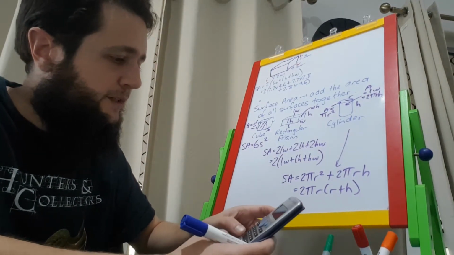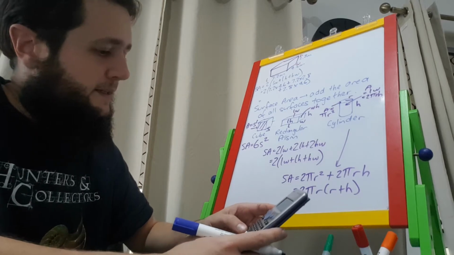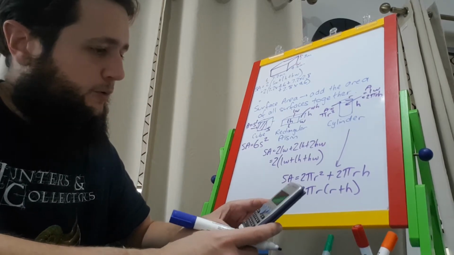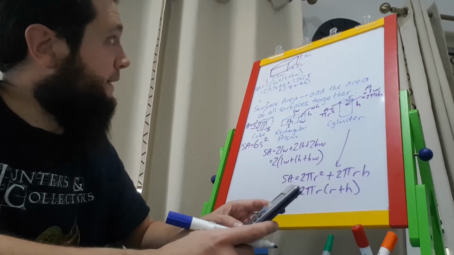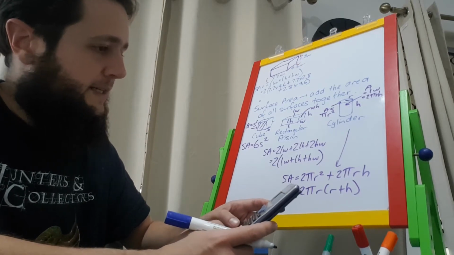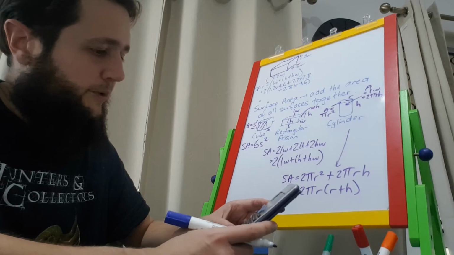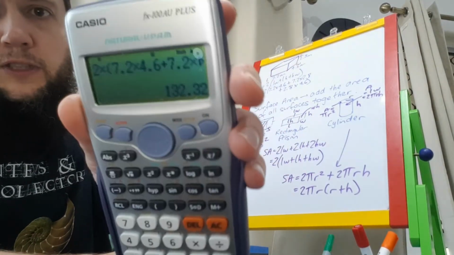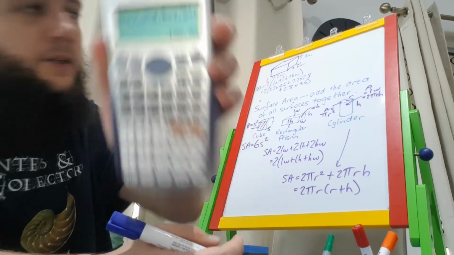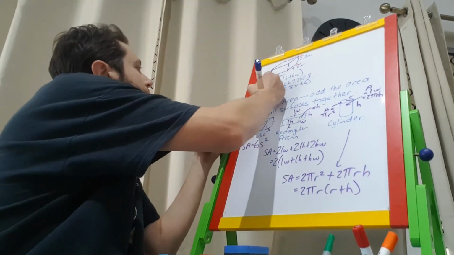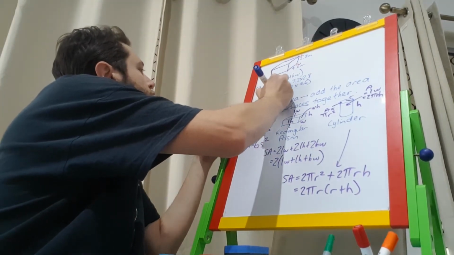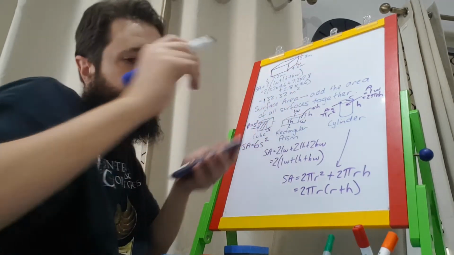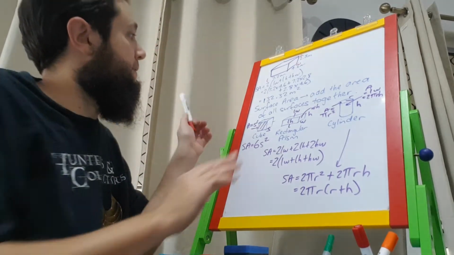I'm perfectly fine if you put it in at this stage: 7.2 times 4.6 plus 7.2 times 2.8 plus 2.8 times 4.6. Just put it all in the calculator, equals, and we've got an area. Got to remember to include your usual units here. In this case, it's meters squared, because we are dealing with area.